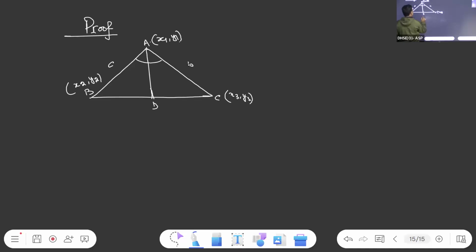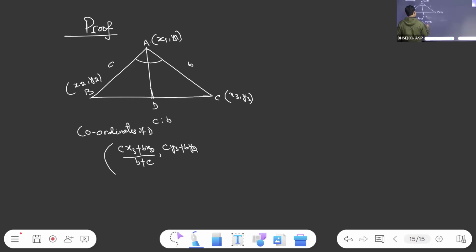So D divides BC in the ratio c is to b. So the coordinates of D are (cx3 plus bx2) upon (b plus c), (cy3 plus by2) upon (b plus c).